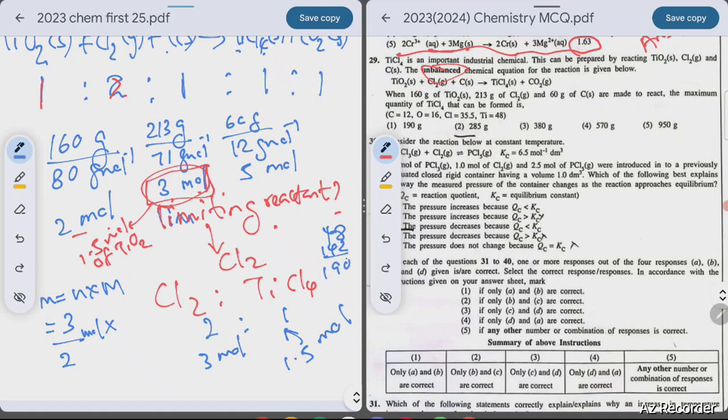So 190 will be the molar mass. When we multiply this, we will get 285 grams. So the answer is the second option for the 29th question. Answer is 2.